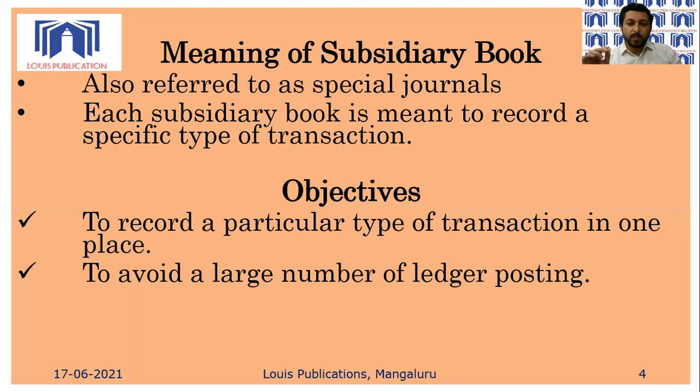If we go through the subsidiary book way, we will reduce that 200 to 100 plus 1. Similarly, if we have 1000 journal entries, we will have to do 2000 postings. But if we follow subsidiary books, we will have to do 1000 plus 1, so 1001 postings only. So the work of the accountant reduces considerably.